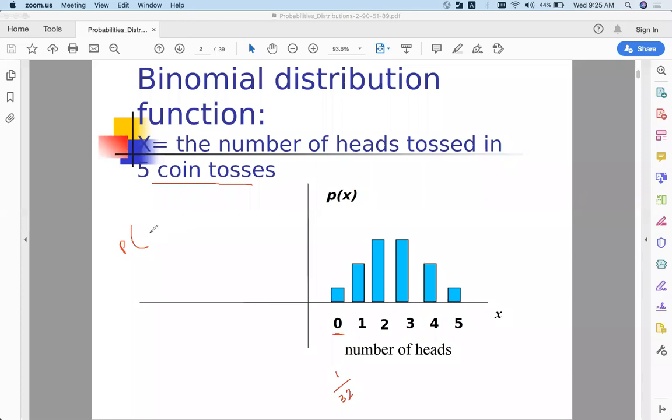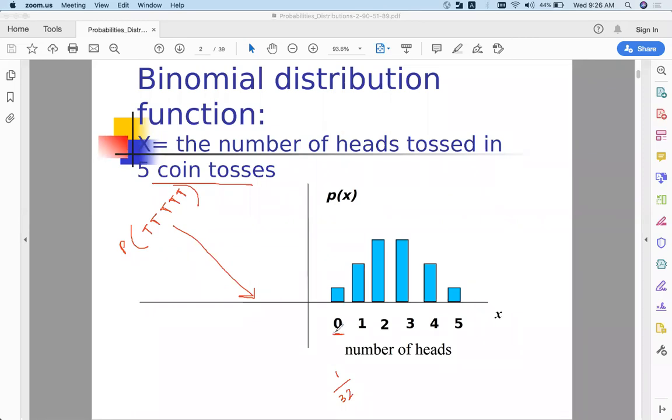The only option you have here is tail, tail, tail, tail, and tail. In every other combination out of those 32 combinations, there will be at least one head. Do you guys agree with that?